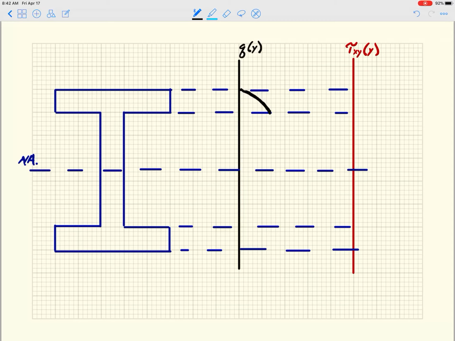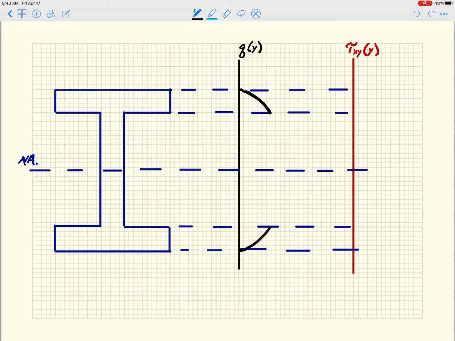So Q, and because this is symmetric, this is the underside of that, right? So you can see it's a relatively rapid increase in Q, again, capital Q, the first moment of the area, as I begin to move down, right?